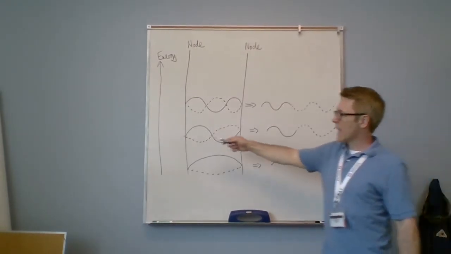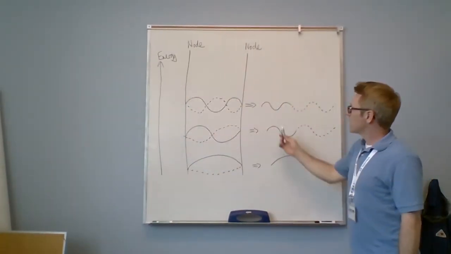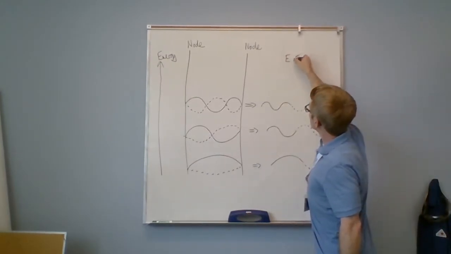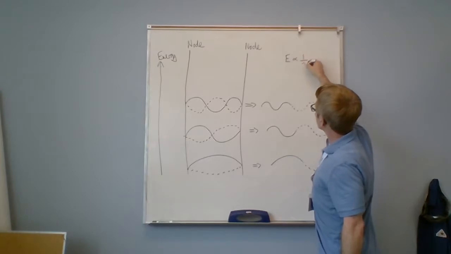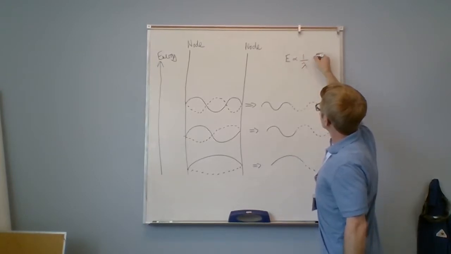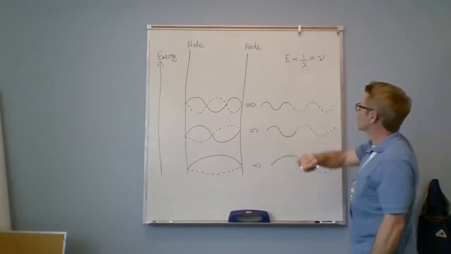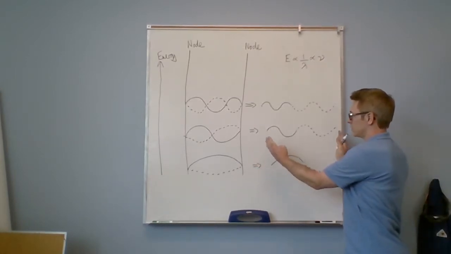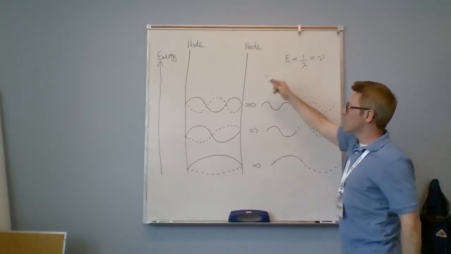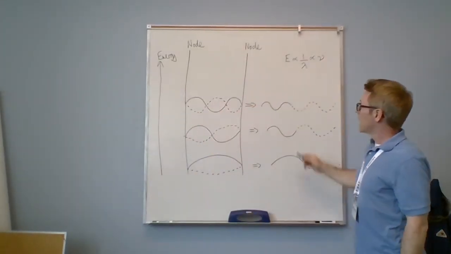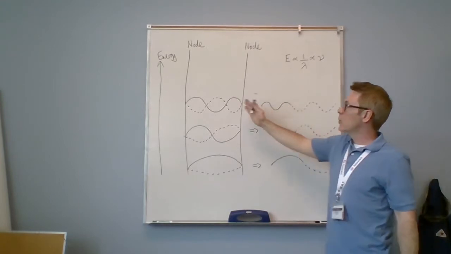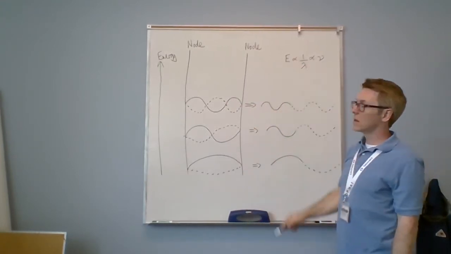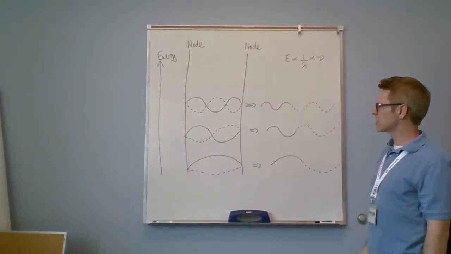Now, I know that energy is increasing because my wavelength's getting shorter. So recall that energy is proportional to 1 over wavelength, lambda, which is proportional to frequency nu. So as my wave gets shorter, my energy gets larger. I have more waves between the nodes, so my frequency of waves increases. So this both leads to my conclusion that energy is increasing.